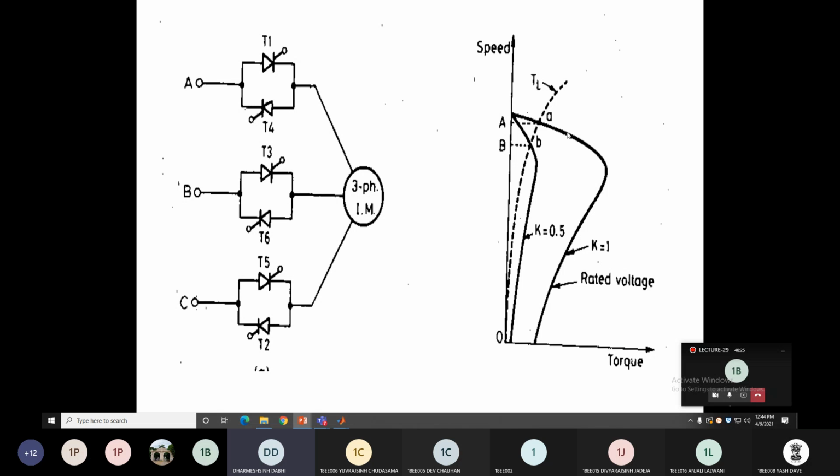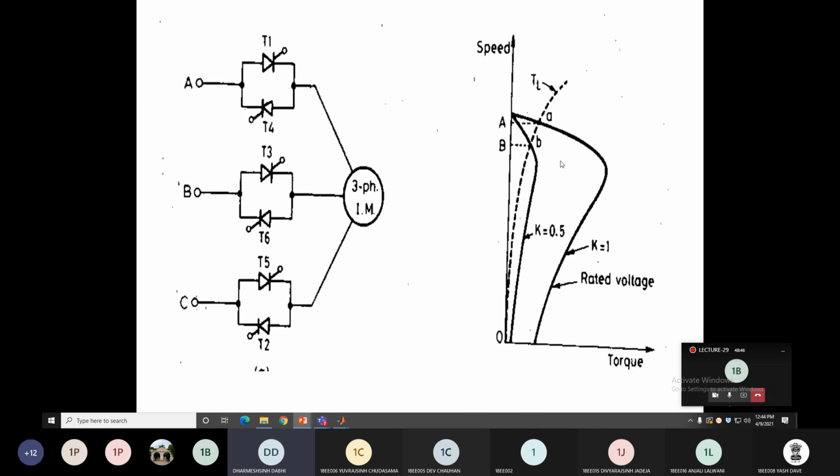This is the normal characteristic at the rated speed. And the second is the characteristic at reduced voltage with K equal to 0.5. It means reducing the voltage by 50% of the rated voltage gives this torque speed characteristic.